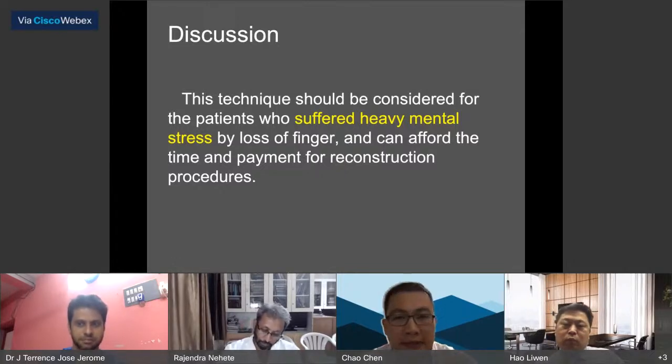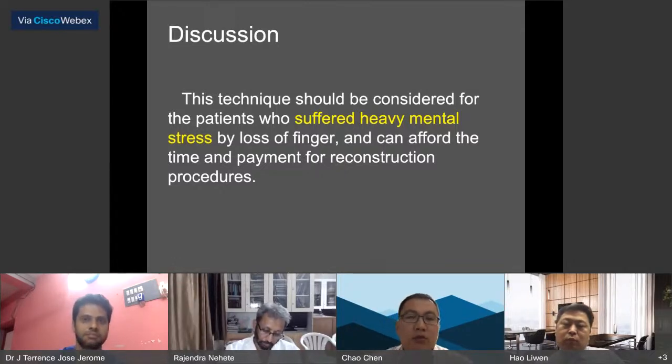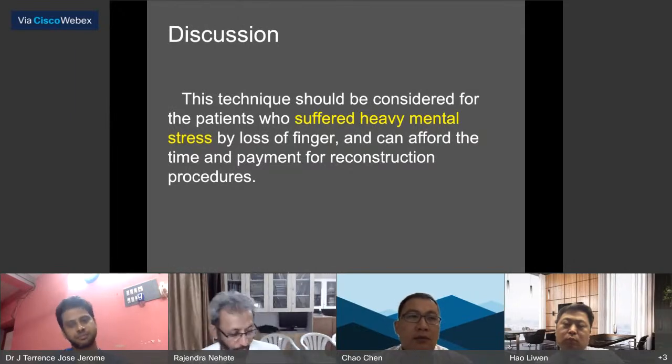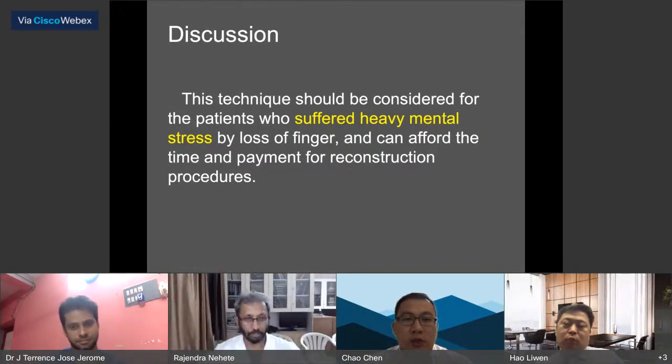But I think this technique should be considered for the patient who suffered heavy mental stress by loss of a finger, even an individual finger. And if the patient can afford the time, the payment, and the risk, of course, the risk of the reconstruction, I think this technique is an alternative to other methods.